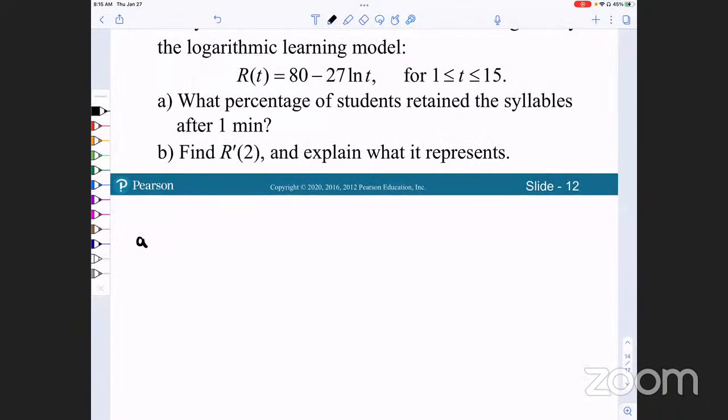So then again, for part A, we found R(1) was 80 minus 27 times the natural log of 1. And we said that basically all of this collapses to 0, and we were left with 80%.